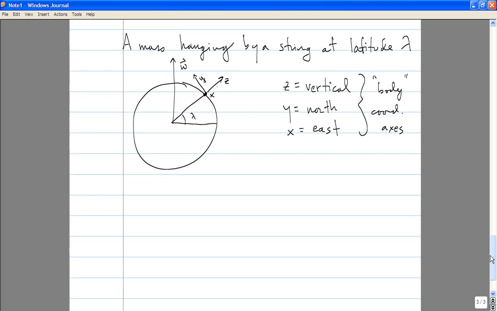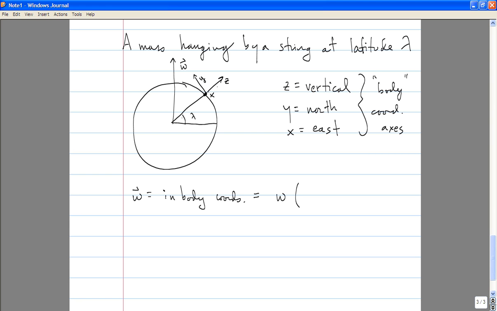So we now wish to write the angular velocity vector in these body coordinates. You can see from this diagram here that the angular velocity vector will point in some combination of the y and z directions. So if lambda is equal to 0, it will point in the y direction.